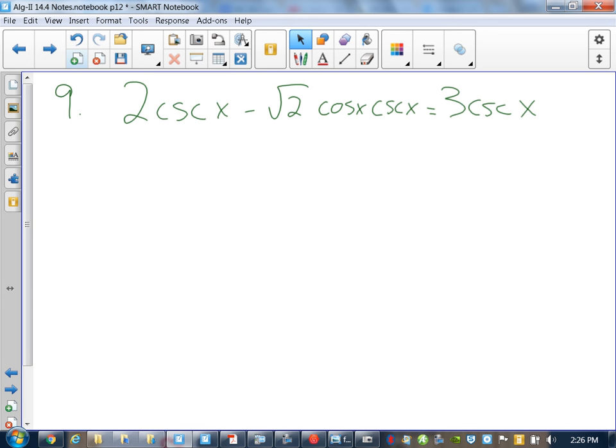You don't have to worry about any Pythagorean identity because nothing is squared. But I need to set one side equal to 0, so I need to make a decision. Do I go from right to left or left to right?